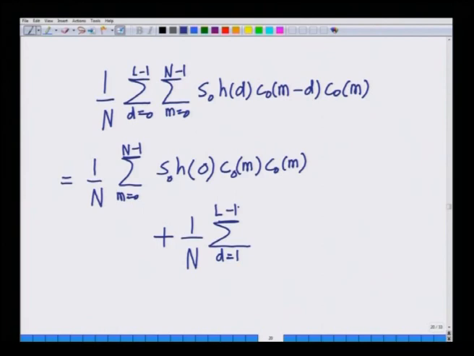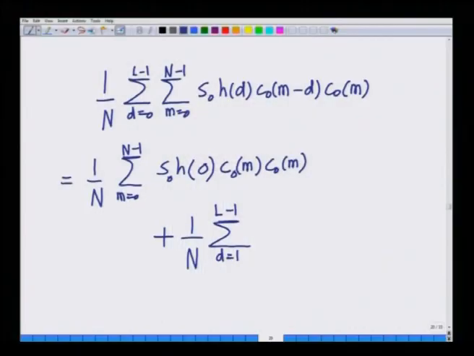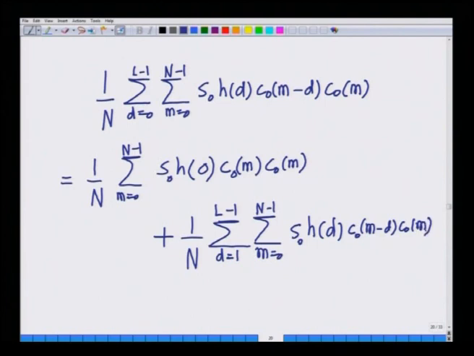Remember, I have removed the 0th path, so this is only from d equals 1 to L minus 1, where d is really the path index, and summation over m equals 0 to n minus 1 of S 0 h of d C 0 m minus d C 0 m. Now, look at the first term.